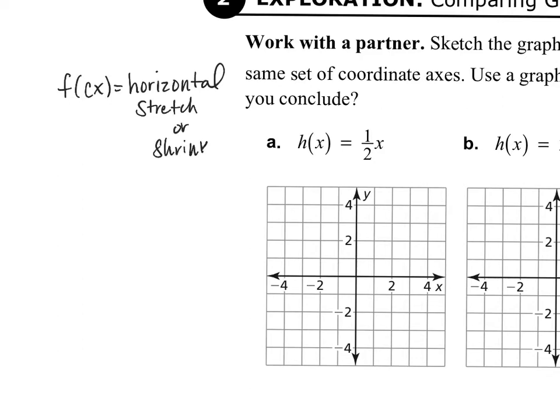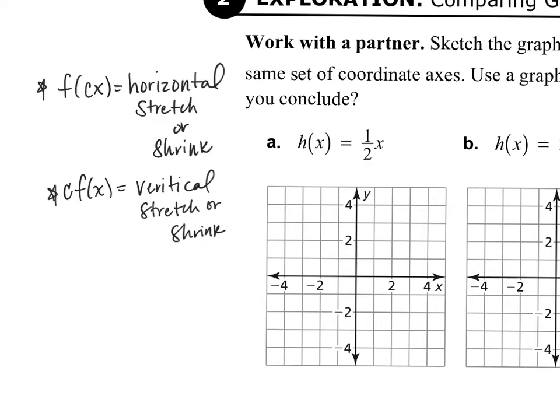We'll talk about how you do that in a minute. If you have c times f of x, you're going to have a vertical stretch or shrink. Let's not focus on determining whether this is horizontal or vertical right now. I just want you to have these definitions written down because you're going to need them a little later in this lesson.